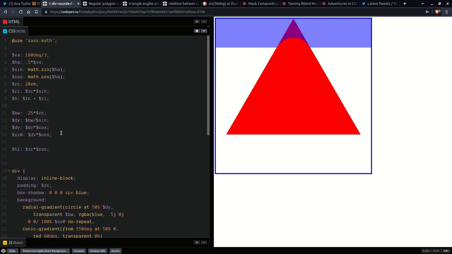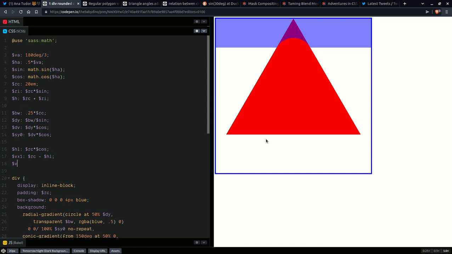Okay, so knowing that, the coordinate of that vertex 1 is going to be the circumradius minus that, and the coordinate of the other one is going to be the circumradius plus half the edge length.